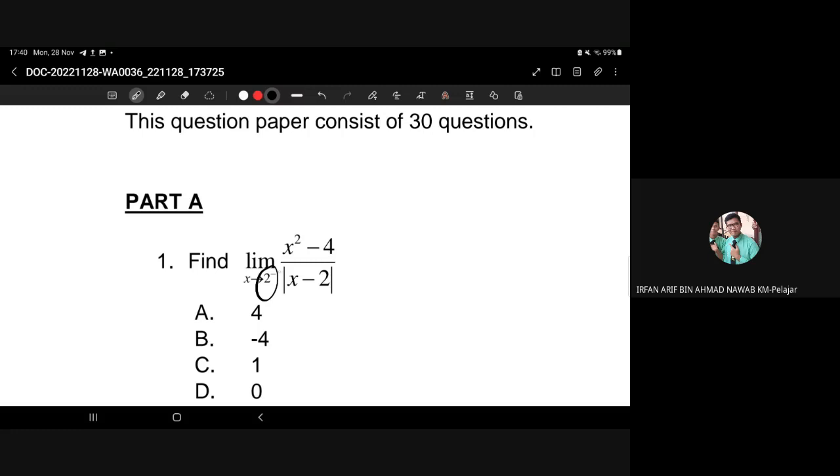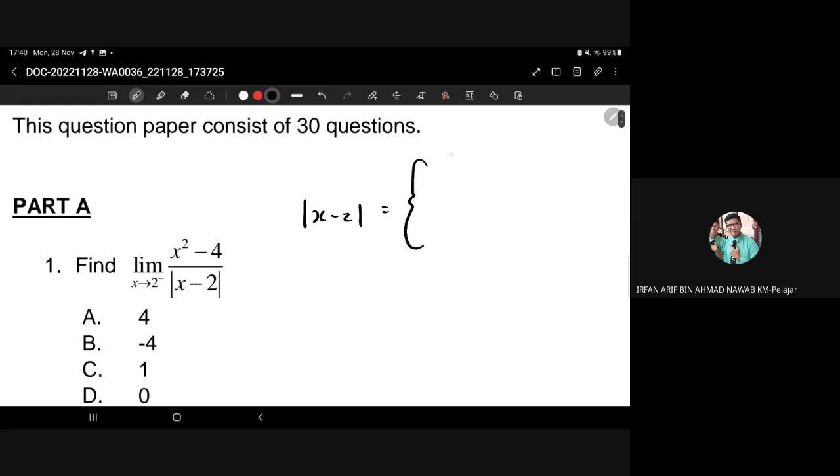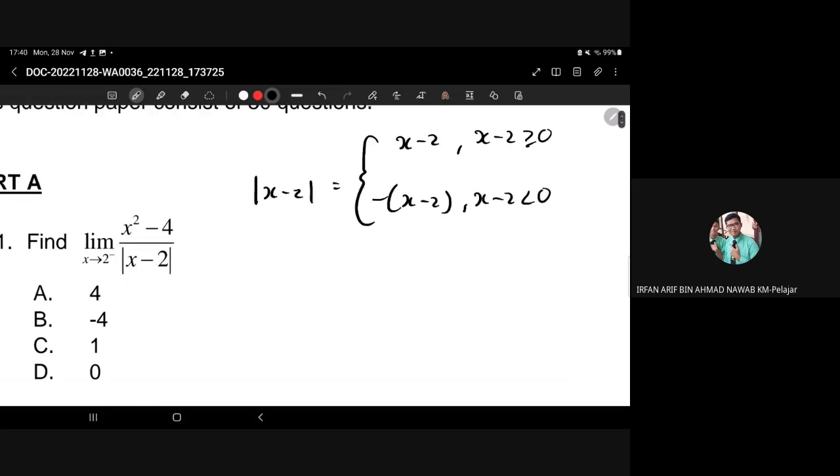So x minus 2 is equal to x minus 2, where x minus 2 is larger than or equal to 0, and negative x minus 2, where x minus 2 is less than 0. From here, we first simplify the restricted domain to get x bigger than or equal to what, and less than what.